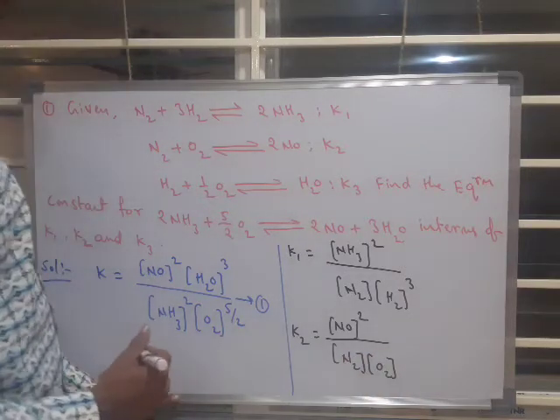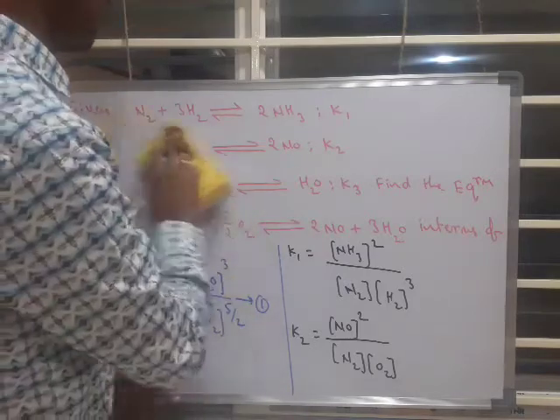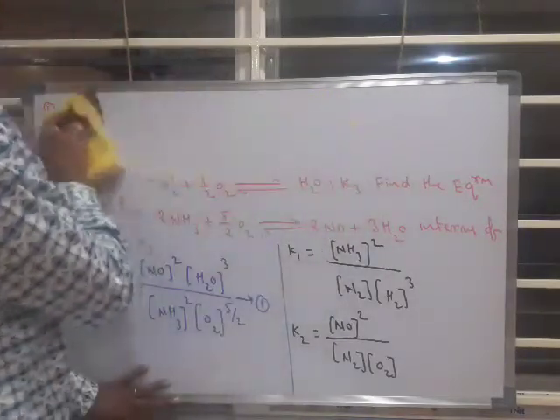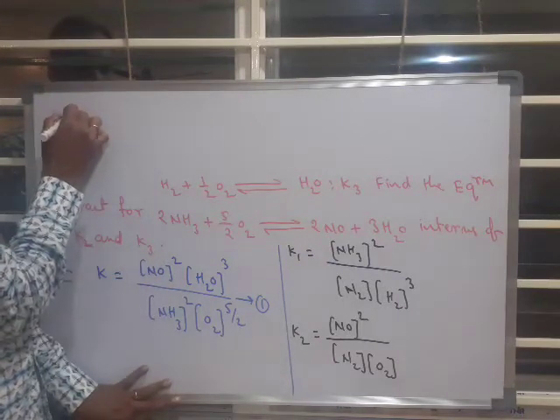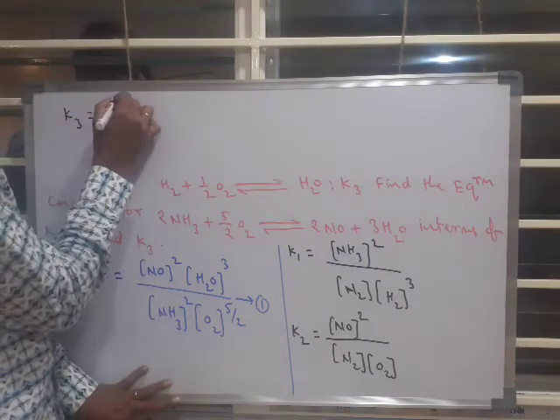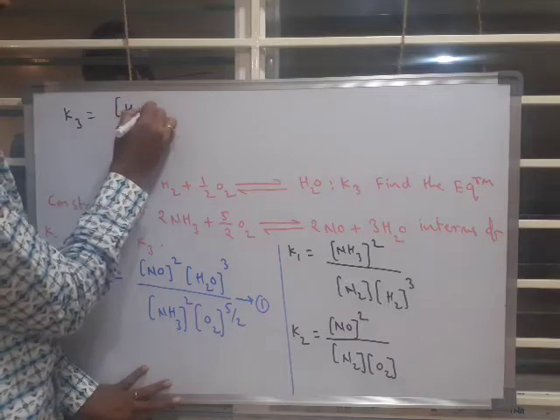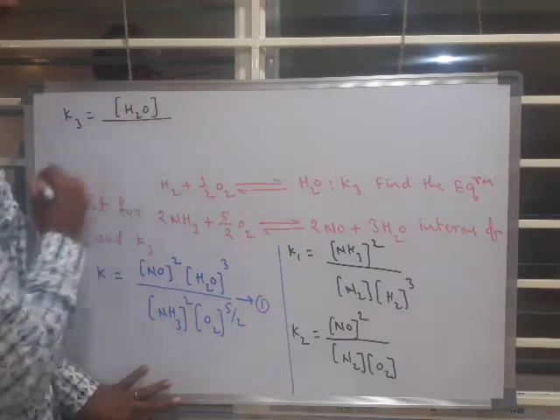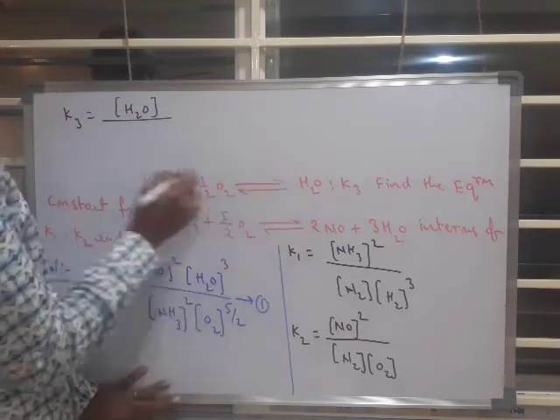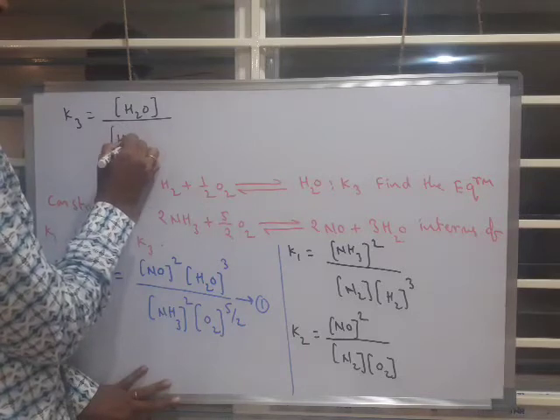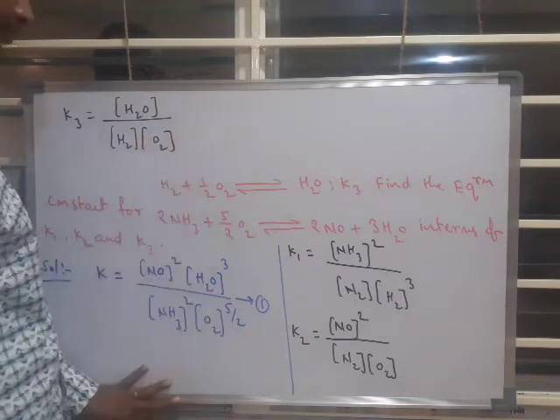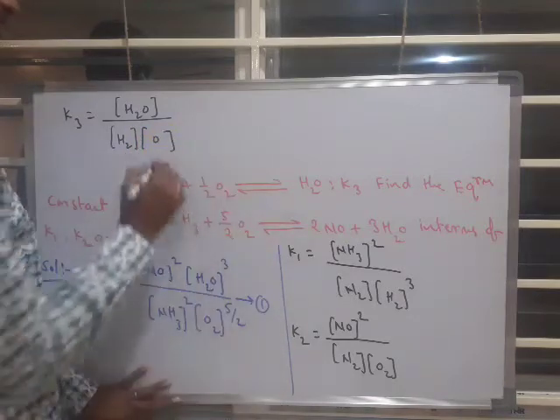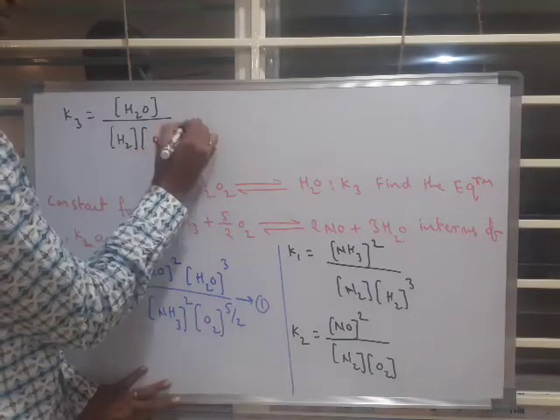Next, what is the third one? The first two are already done, so no need of those. K3 is H2O power 1 by H2 concentration and O2 power 1 by 2.